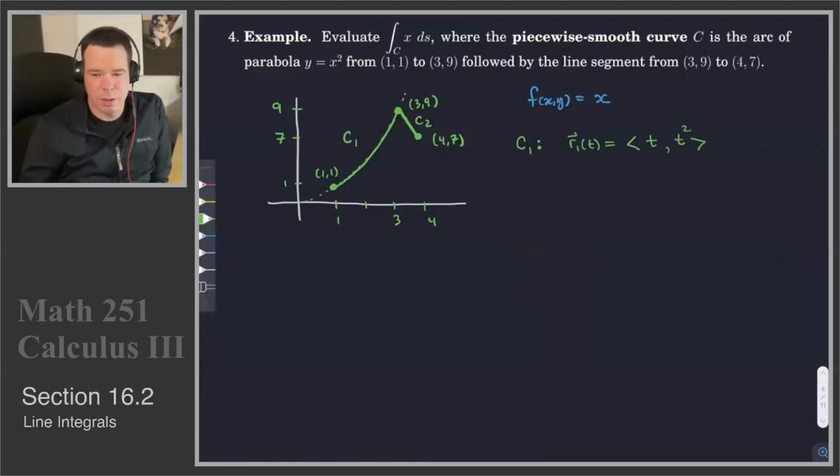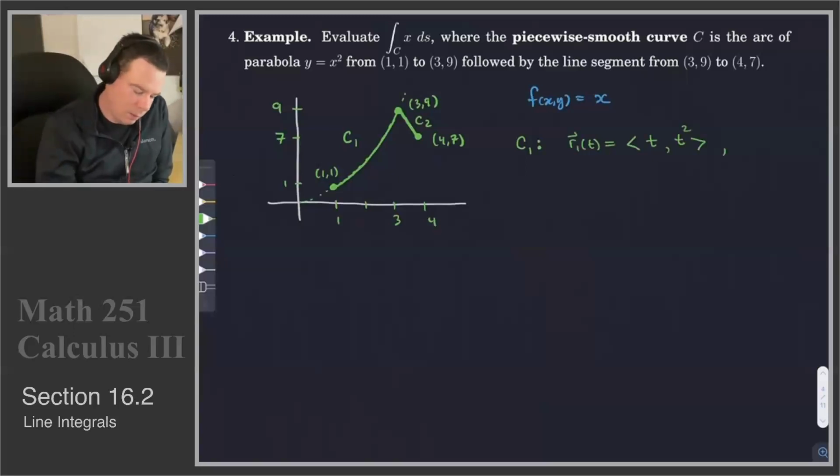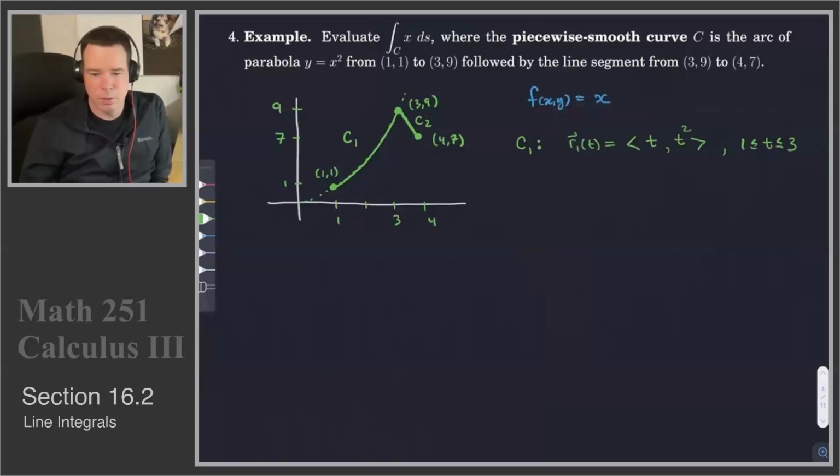So there's my parametrization of the curve. It's t, t squared. And t is going to range over the values from, well, t is our x value, so it goes from 1 to 3. So there's our parametrization of curve C1 with our starting and ending points.